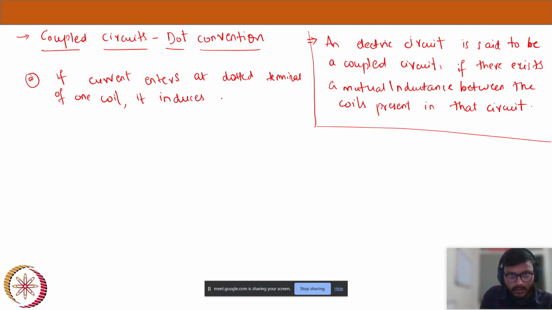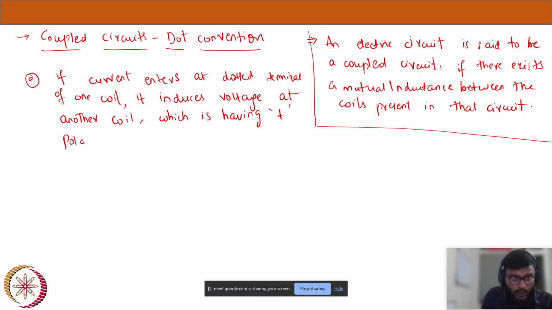It induces voltage at another coil. This is important. Another coil which is having positive polarity at the dotted terminal.